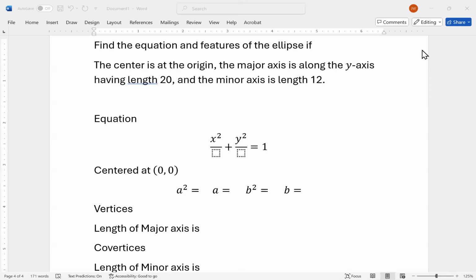That means if I were to draw a sketch, it would be stretched out more in the y direction than it would be in the x direction. Obviously, this is a poor sketch. In fact, it's so poor that I'll redraw it. So stretched out more in the y direction than it is in the x direction.